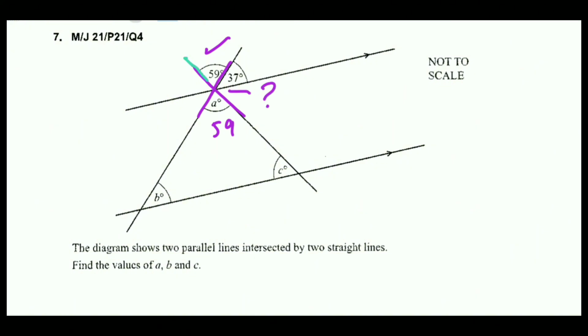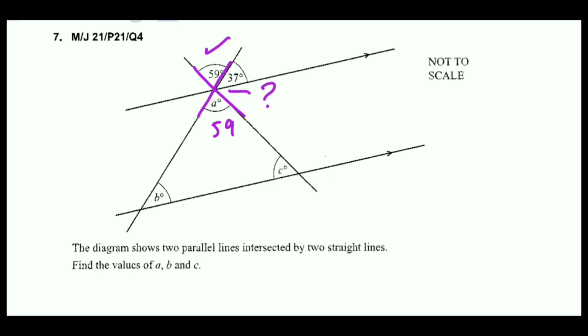Angles on a straight line property we can use, and we can find this one angle. You can see this straight line. The sum of all these angles should be equal to 180 degrees, because all these angles are on one straight line.